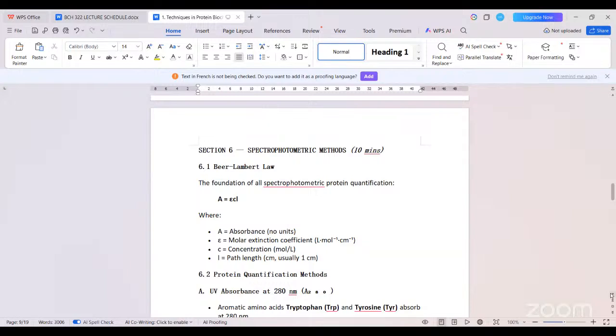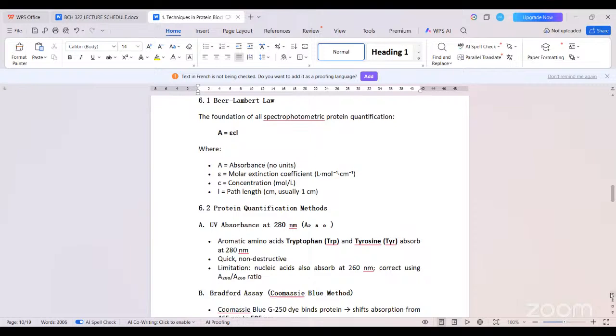Now we have protein quantification. Having been able to isolate the protein of interest, how can we know how much protein is within the sample? We've been able to extract the protein of interest through one or more of these separation techniques. Now, how will we know the quantity of protein of interest?